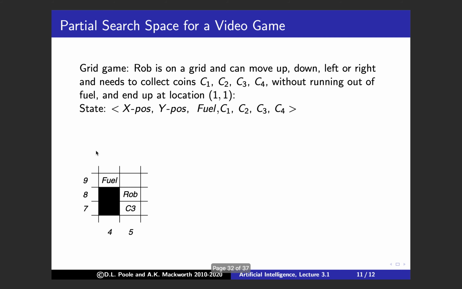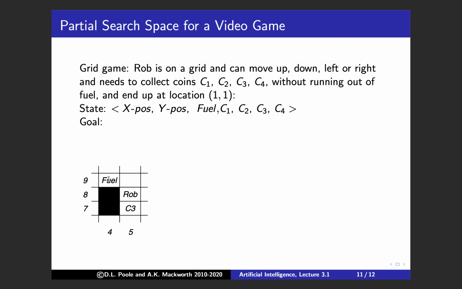So it has to keep track of, does it have coin C1, does it have coin C2, does it have coin C3, does it have coin C4. Where you collect coins doesn't have to be part of the state space, because it's not going to change. It's not needed in order to be a state. Neither is the location of the fuel. It's just part of the background knowledge.